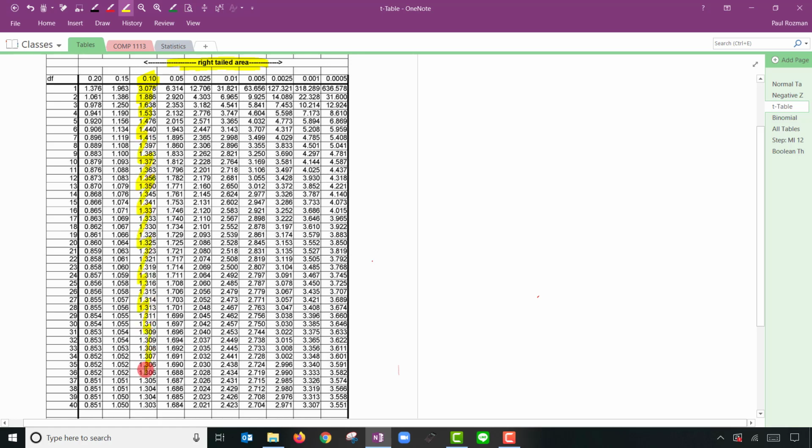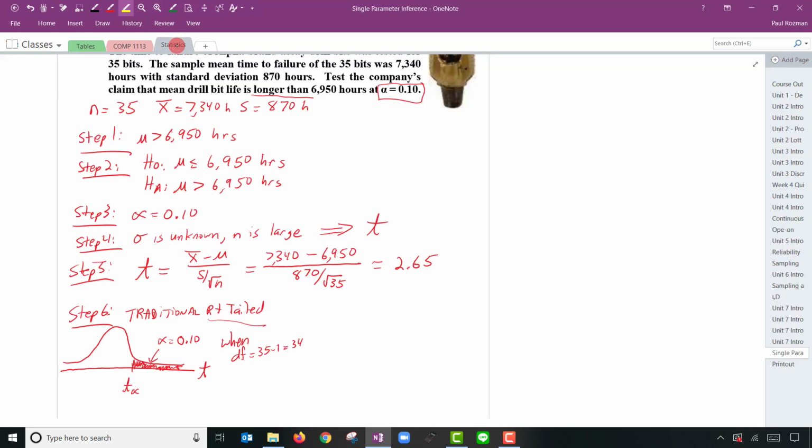We're looking for 10%, and we're in the row for 34 degrees of freedom. So we get 1.307. That's our critical value. Let's go back. So from the table, this cutoff value is 1.307.